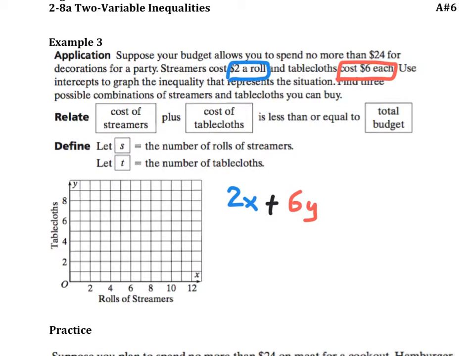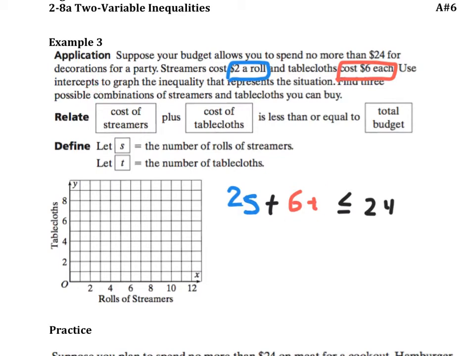And let's actually be consistent. It does ask us to use T for the number of tablecloths, so I'll change that, and the letter S for the other. And, of course, our total can be 24, so it's got to be less than or equal to 24. Now, it asks us to use the intercepts.